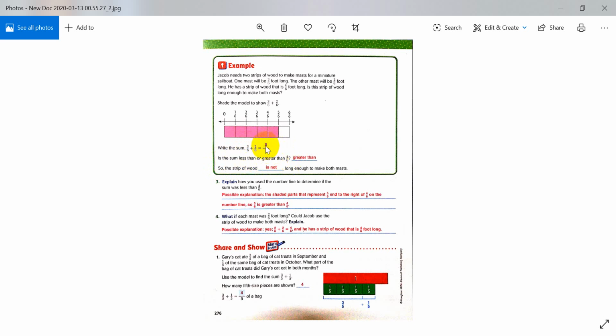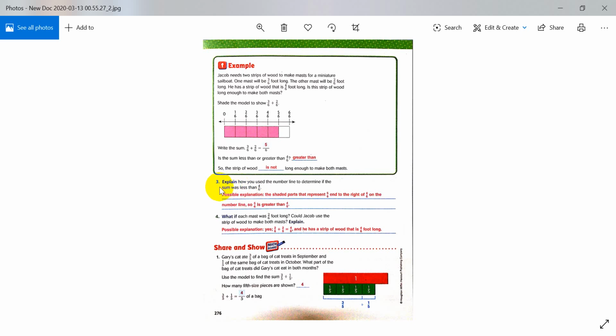This sum 5/6 is greater than 4/6 by only one part. Okay, so the strip of wood is not long enough to make both masts. Why? Because he needs 5/6 and he only has 4/6.